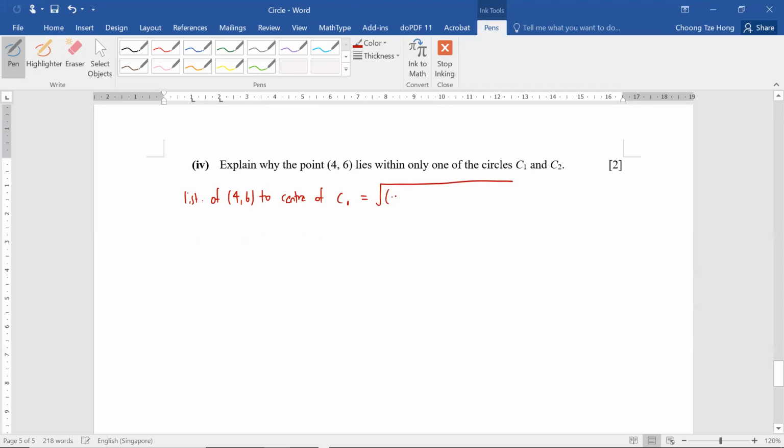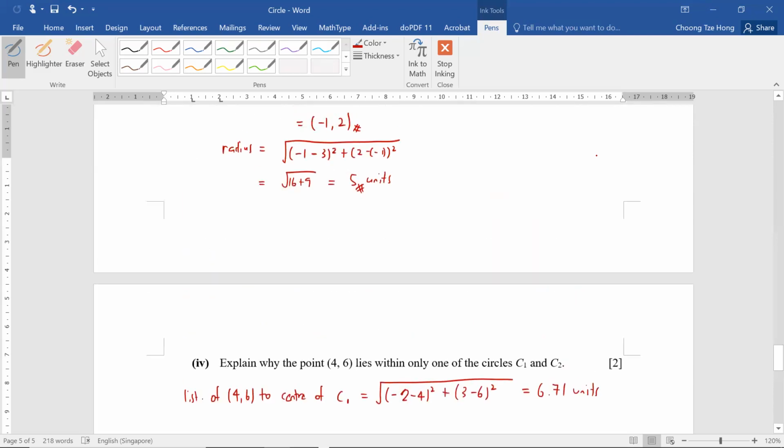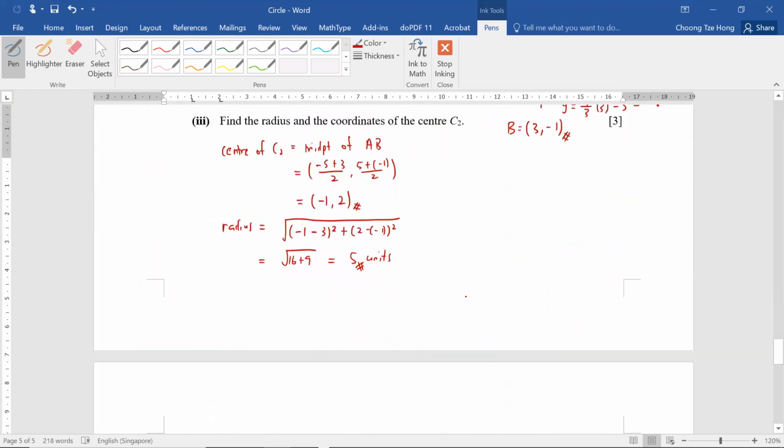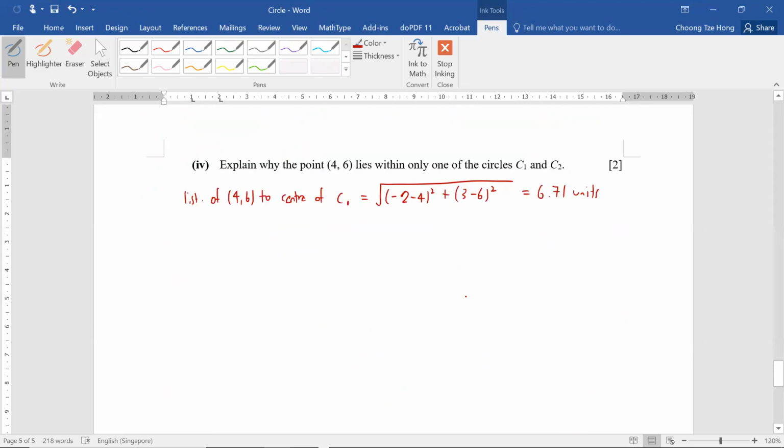Same thing, use the distance formula, referring to the question. You will get 6.71 units. If you recall just now, the radius of C1 is actually 7 units. So it's less than the radius of C1.